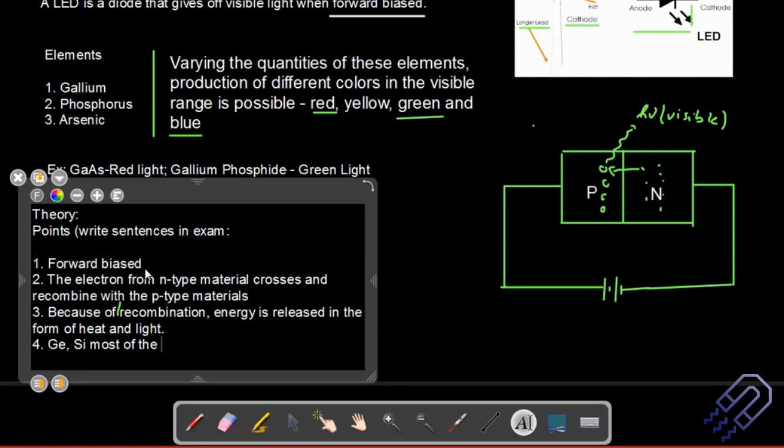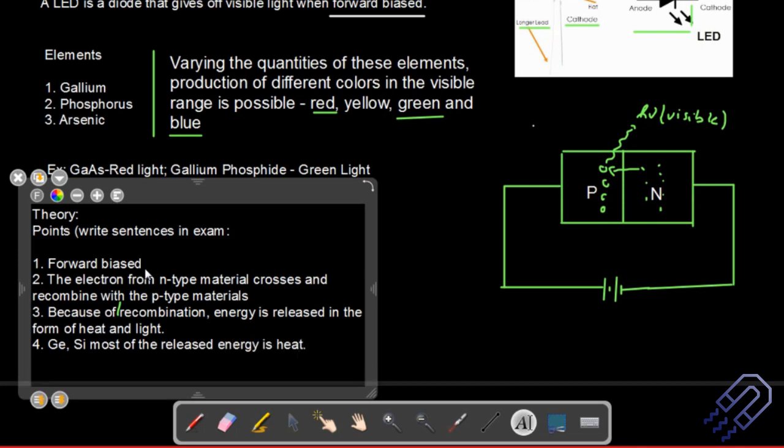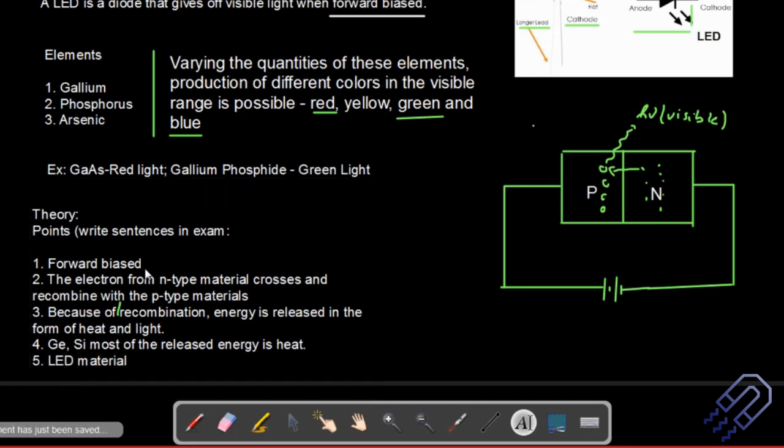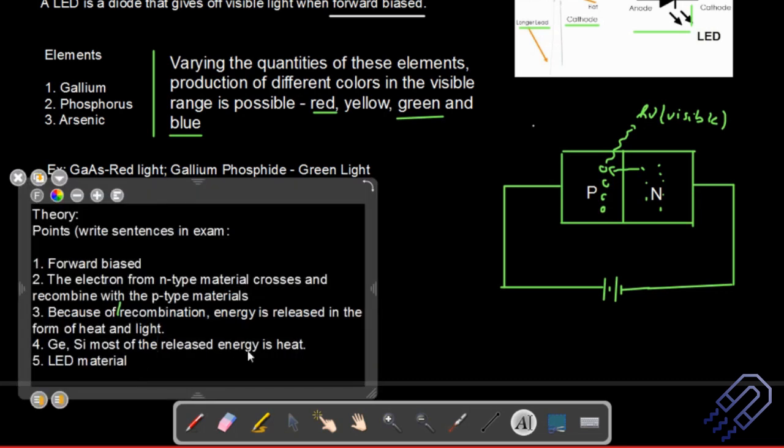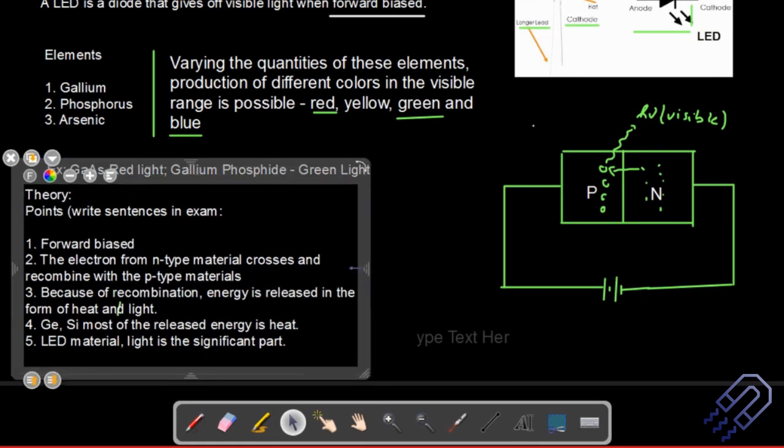But when we are considering LED material, light is the significant part. If you want to write down a normal standard theory for this, I think this much is fine.